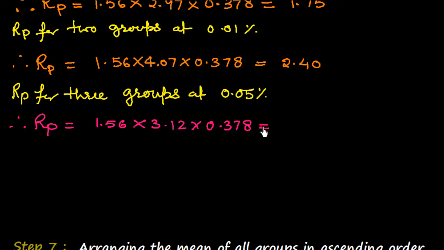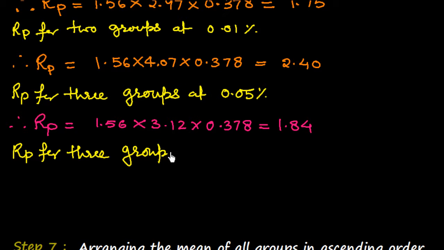So finally at 5% we get 1.84. Now RP for three groups at 1%.